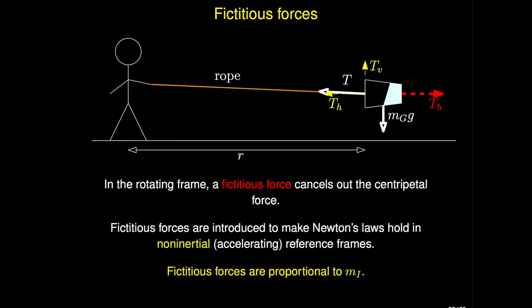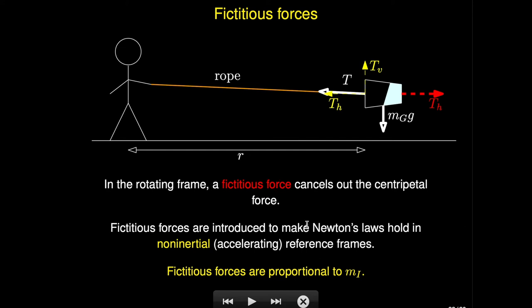I can introduce a fictitious force which doesn't have a mechanical origin, it's just a mathematical quantity, but it points equal and opposite, out the way, to that centripetal force, and that cancels it out. So in my frame of reference, I can introduce that force, and then Newton's laws do apply. So the bucket now does not accelerate in my frame of reference.